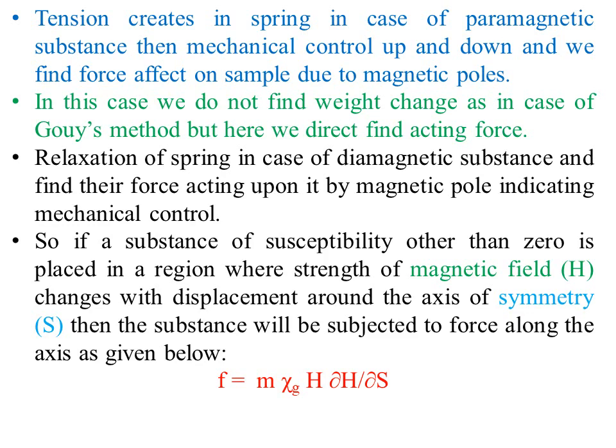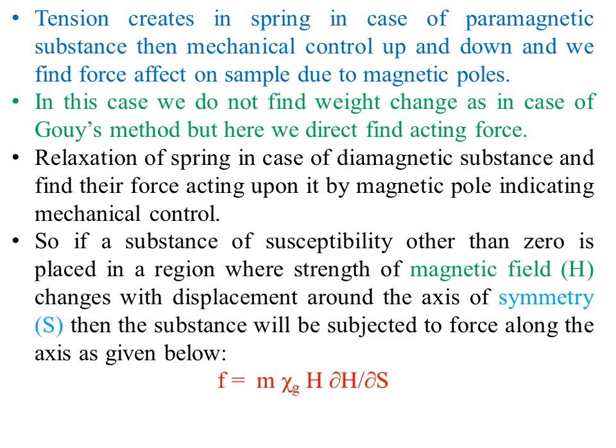In this case, we don't find a weight change as in Gouy's method, but here we directly find the force acting on the sample. There is relaxation of the spring in the case of diamagnetic substances.